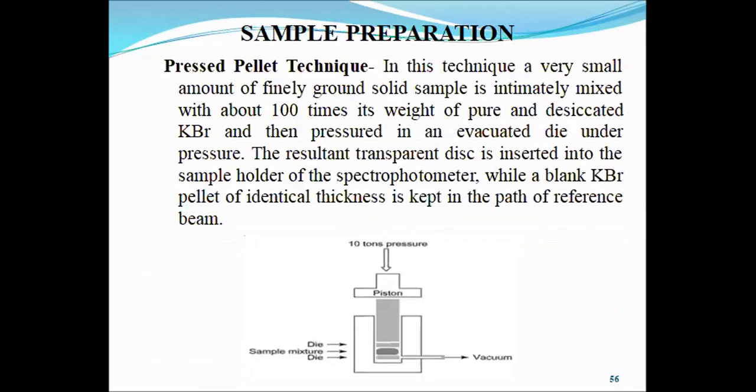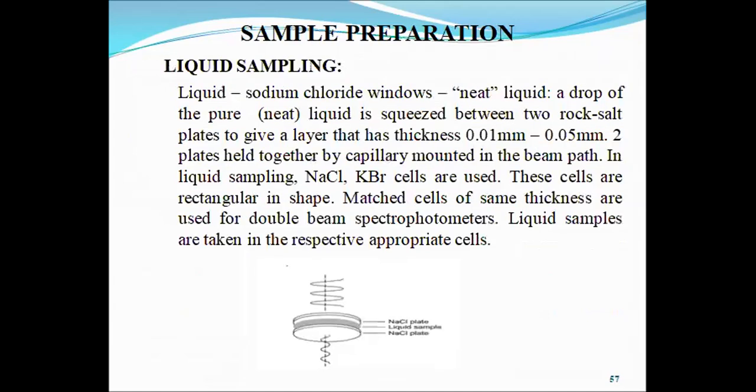The last is the pressed pellet technique. The finely ground solid sample is pressed in the form of a pellet in an evacuated die under pressure. This is how a small pellet, or a small tablet, of the sample is prepared.